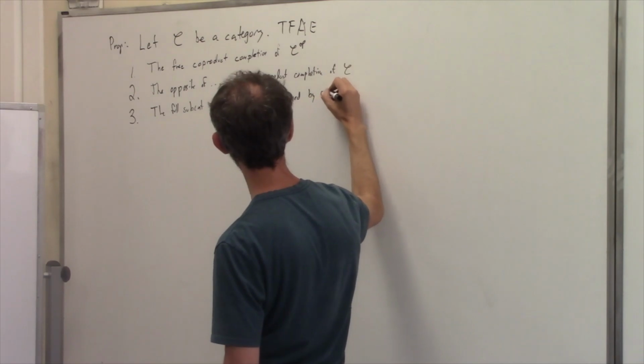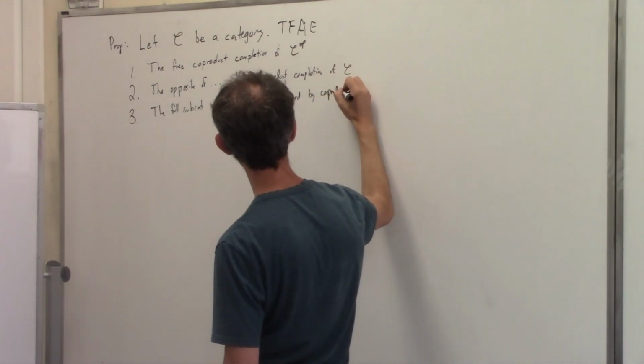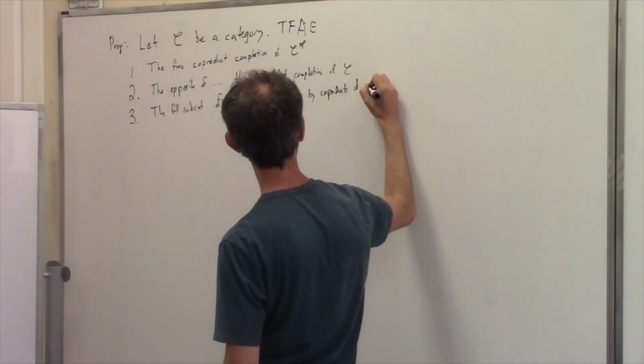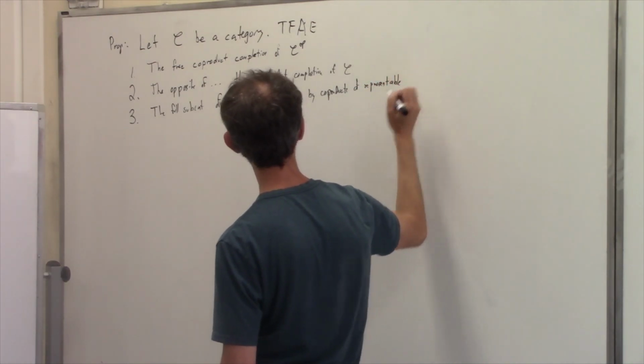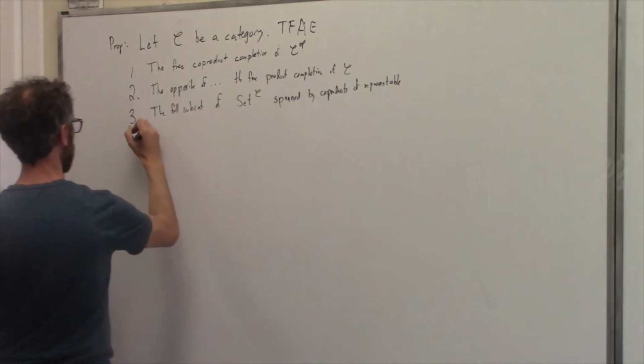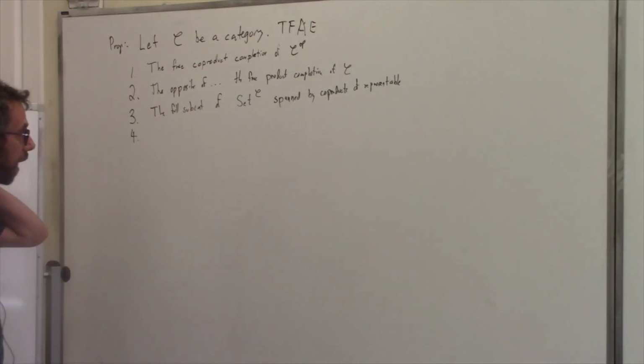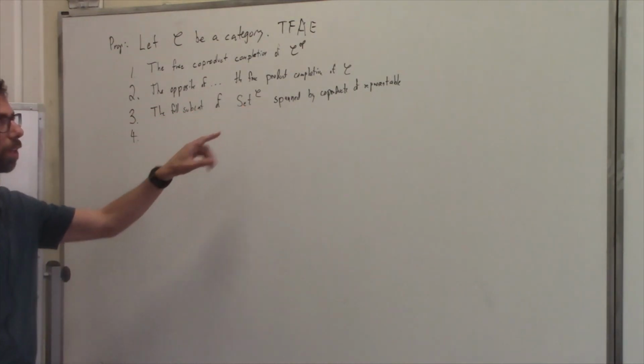So you take all the coproducts of representables. A representable is, for every object of C, there's a representable functor from C to Set. And you take the full subcategory of functors spanned by the coproducts of those.